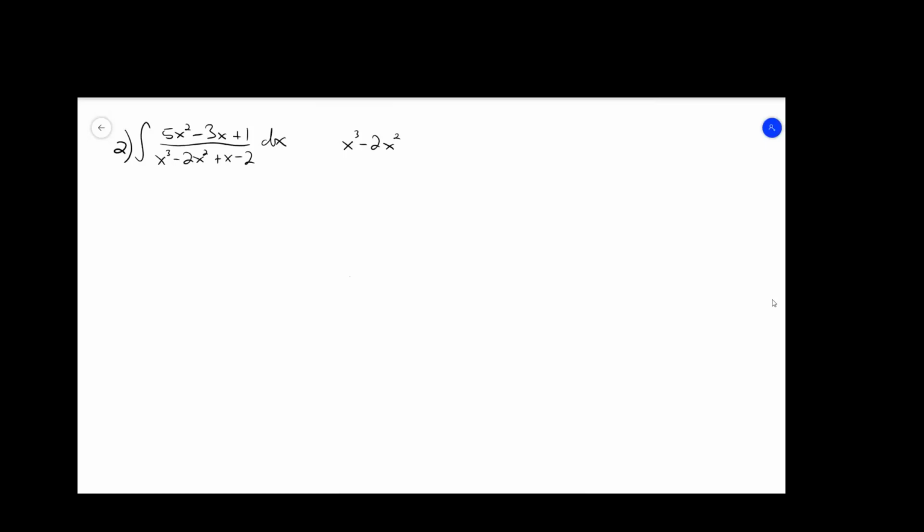Remember what improper means in the context of rational functions. It means that the degrees are either equal or the degree of the numerator is greater than the degree of the denominator. That's what improper means. And if it is improper, then you have to do long division or synthetic division, probably long division actually too.